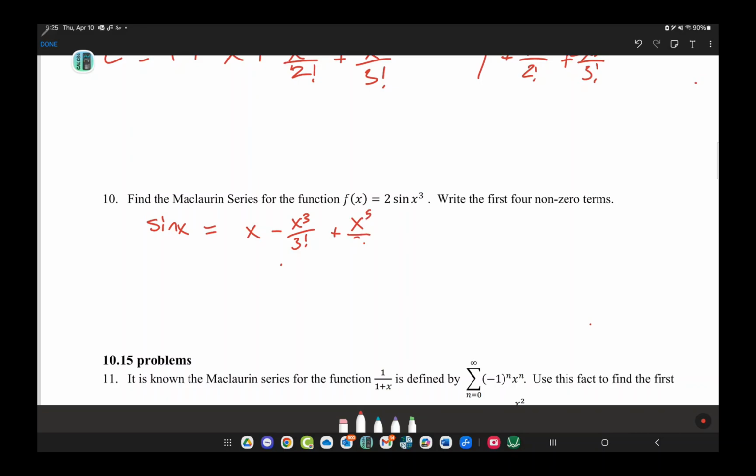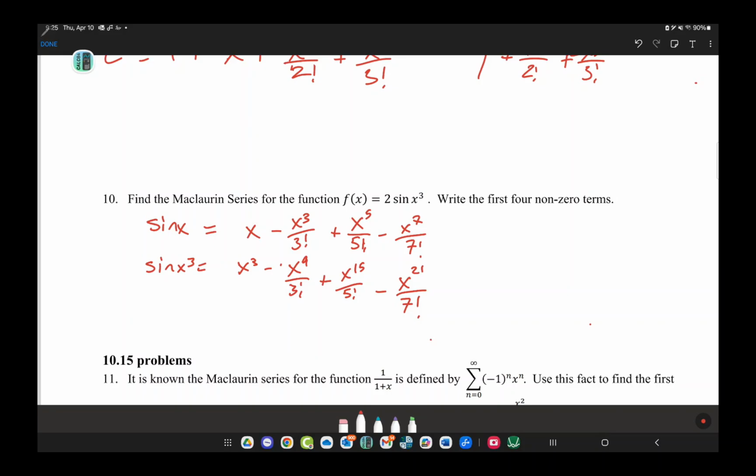Minus x to the 7th over 7 factorial. And then what do we do? We replace every x with x cubed. So sine of x cubed would be x cubed minus x to the 9th over 3 factorial plus x to the 15th over 5 factorial minus x to the 21st over 7 factorial.